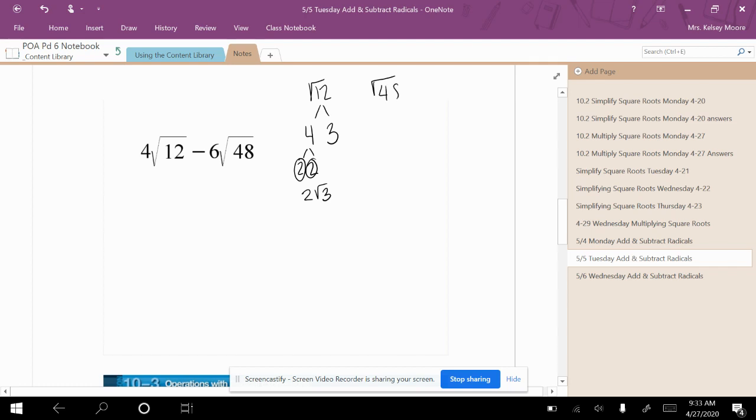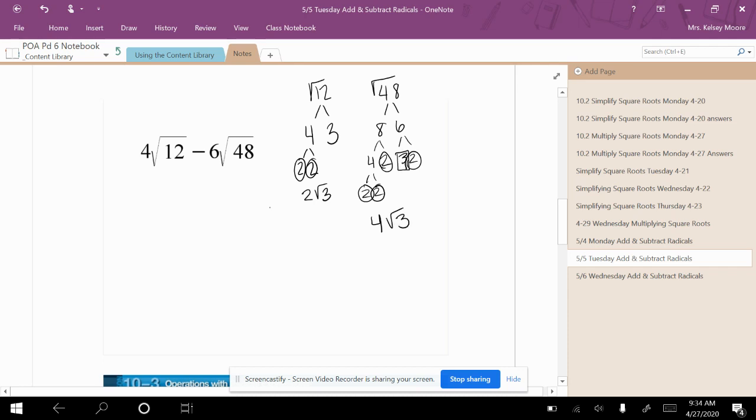The 48 breaks down to 8 and 6. 8 breaks down to 4 and 2. 4 breaks down to 2 and 2. 6 breaks down to 3 and 2. So circling my pairs, I have a pair of 2's here, and I have a pair of 2's here. So that makes that 4 square root of 3, because I'm going to box that 3.